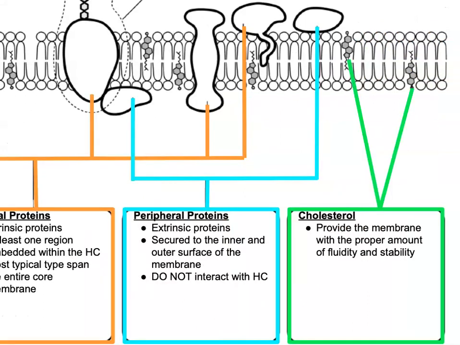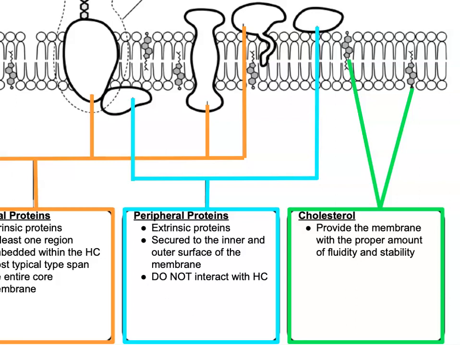The final major component that we'll be discussing in the makeup of the cell membrane are cholesterols. Cholesterols play a role in providing the membrane with the proper amount of fluidity and stability. At high temperatures, they reduce fluidity by restricting the movement of the phospholipids. At low temperatures, they keep the membrane more fluid by preventing the fatty acids from forming a non-fluid gel.